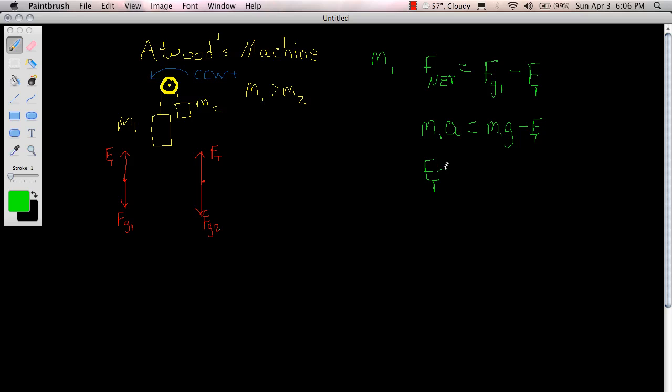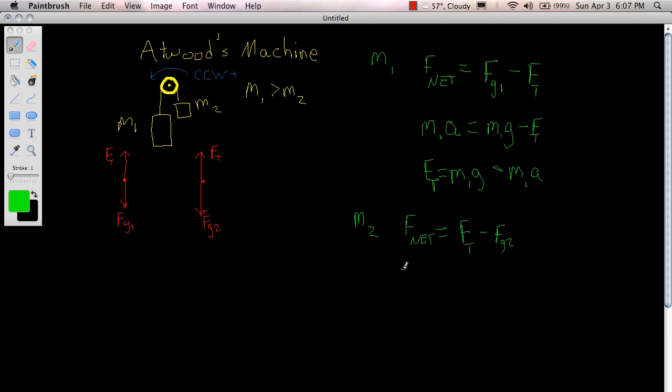It will be equal to M1 g minus M1 a. Now I'm going to solve for M2, find its net force equation. So F net is equal to, well, on this side, up is positive, so we have tension minus weight, Fg2.